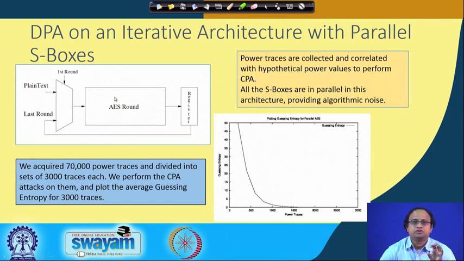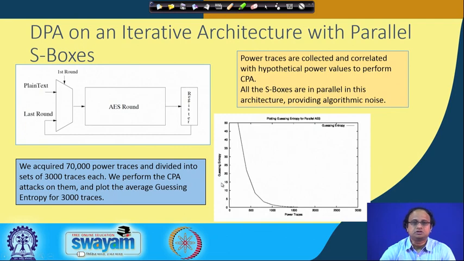So, if you consider this particular architecture, we basically did a DPA attack on this. We took around 70,000 power traces, divided it into 3,000 traces, and here it shows how the guessing entropy falls with 3,000 power traces, but it plots the average guessing entropy. So, this average is done on all these 70,000 divided by 3,000 possible classes.